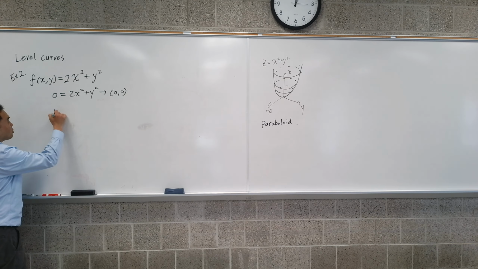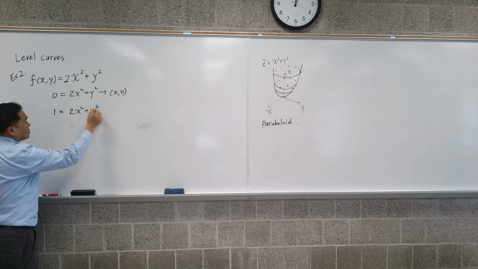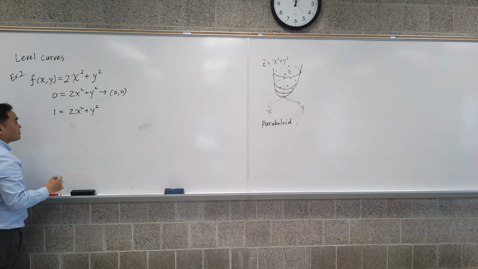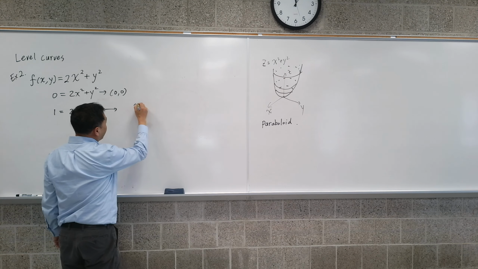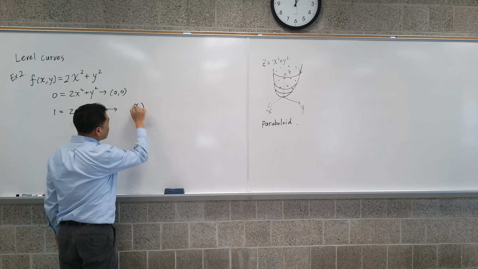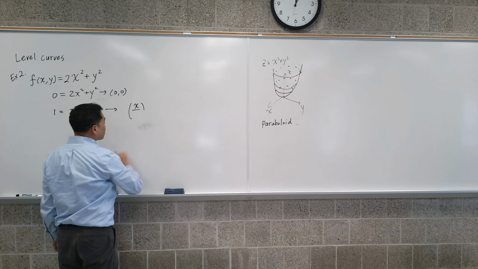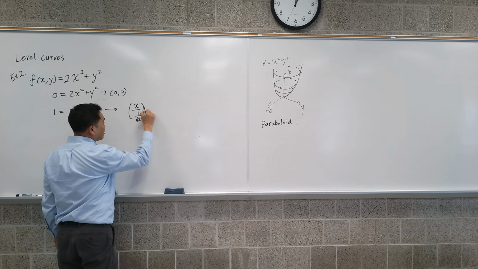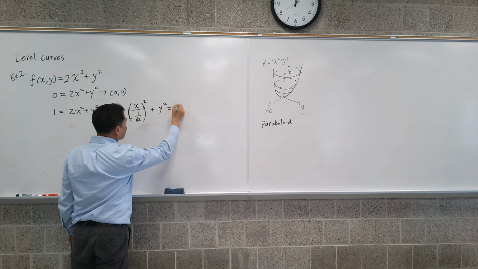Well, what if you put 1 for the k value? What does that give you? Well, think of this as x over 1 over square root of 2, squared, plus y squared equals 1.